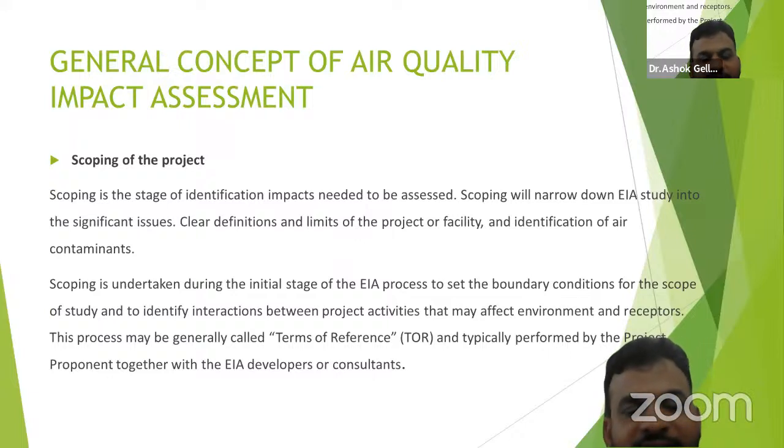The scoping is undertaken during the initial stage of the EIA because it sets the boundaries and conditions of the project. The scoping identifies the interactions between the project activities and the impacted environment and receptors. Public concerns will be considered in the scoping of the project.